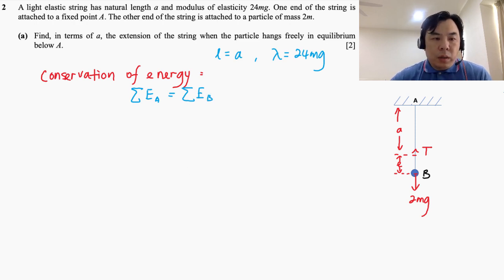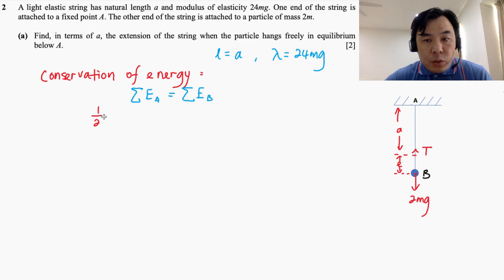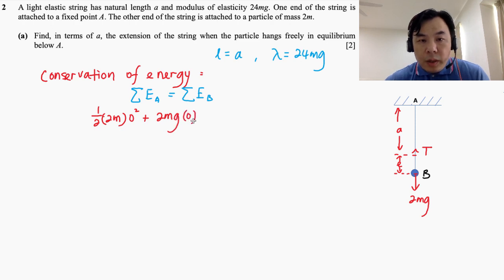Okay, and then you will start to apply this conservation of energy, saying that at point A there is zero kinetic energy. I'm going to put that in. And there is zero gravitational potential energy, and at the same time there is also zero elastic potential energy because the string is not tense, it's not taut.